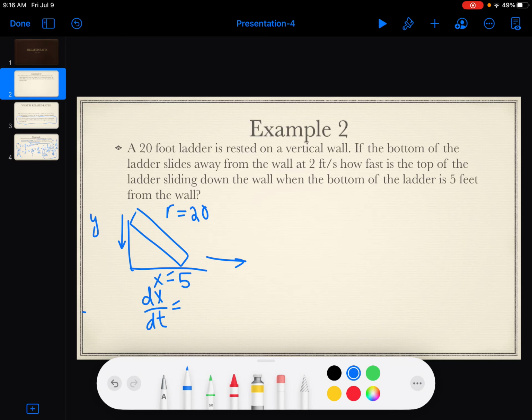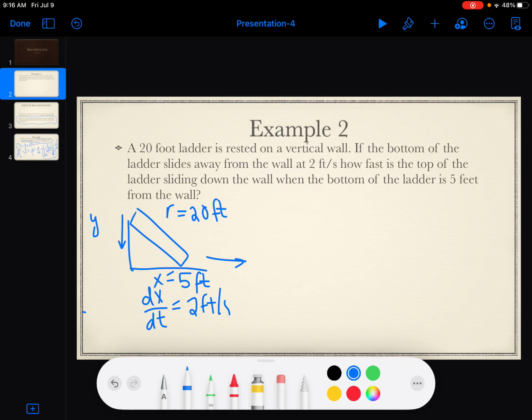How fast the bottom of the ladder is moving away from the wall is the change in x with respect to time. And we know that is 2 feet per second. Just put those units in there. Okay, so we know that.